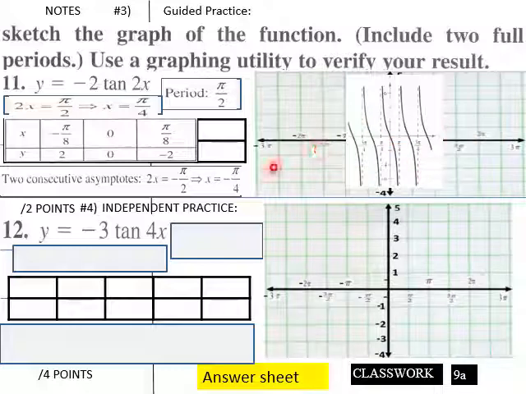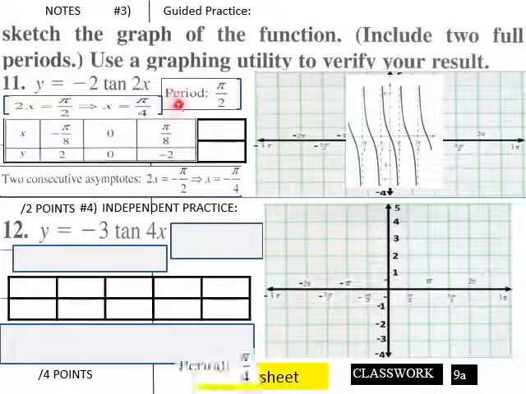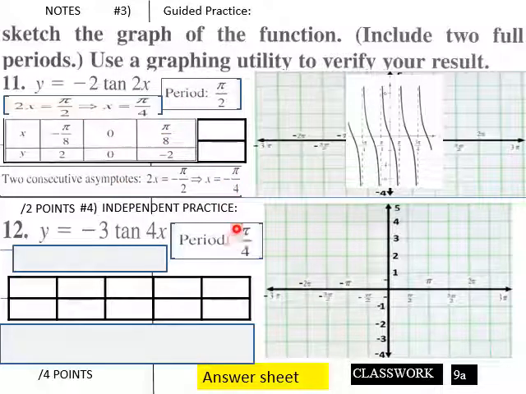On this grid, let's go ahead and use this as a model to produce a table, and then find out what your vertical asymptotes are by this method. Okay, so your period here is pi over 4 for this one.